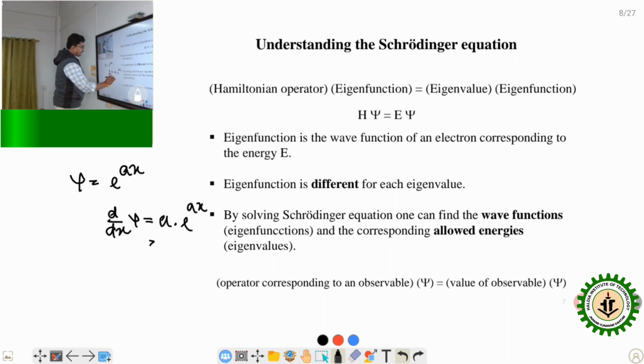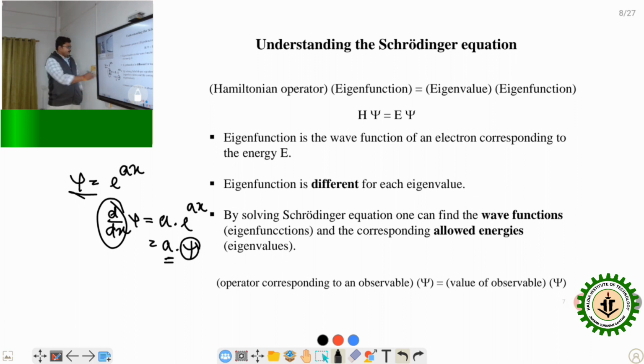So e to the power ax I can also write as psi. That means d/dx, my operator, acts on psi, a wave function, and a is my constant value, and I get the same wave function back. So I can say this is an eigenfunction and a is my eigenvalue.